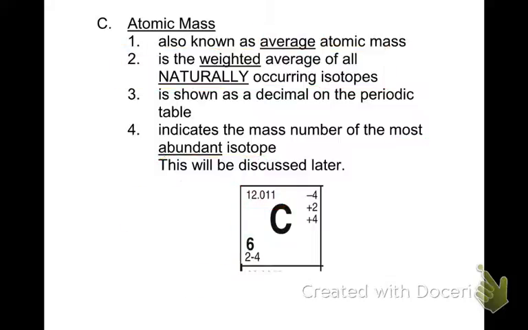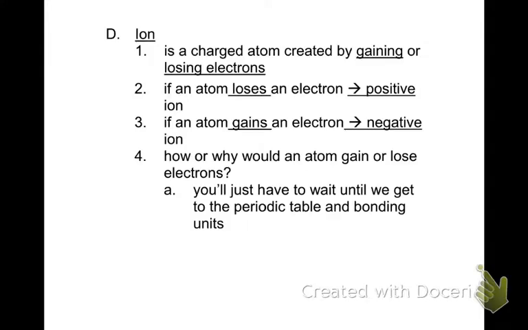And then let's discuss ions. We really will get into types of ions a little later, but I wanted to throw them in here because I felt like they were kind of important. So, ions. How is an ion created? It's created by gaining or losing electrons.